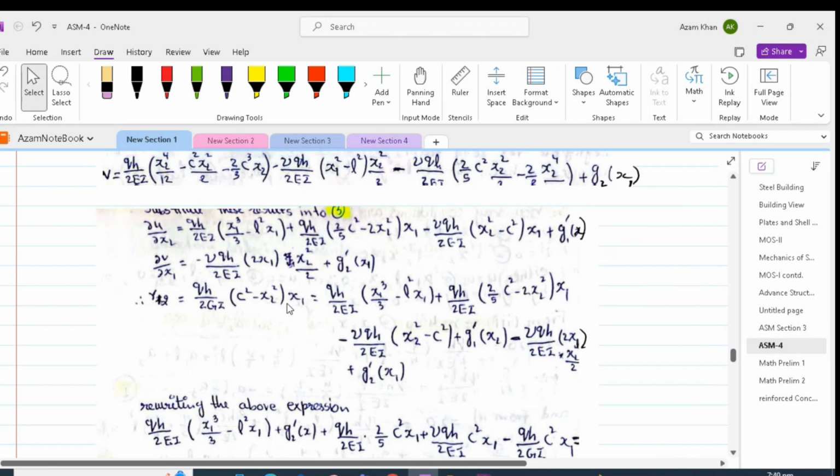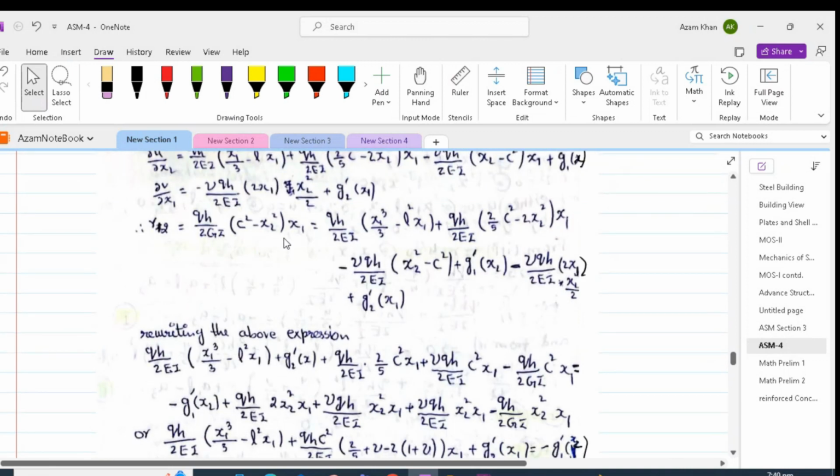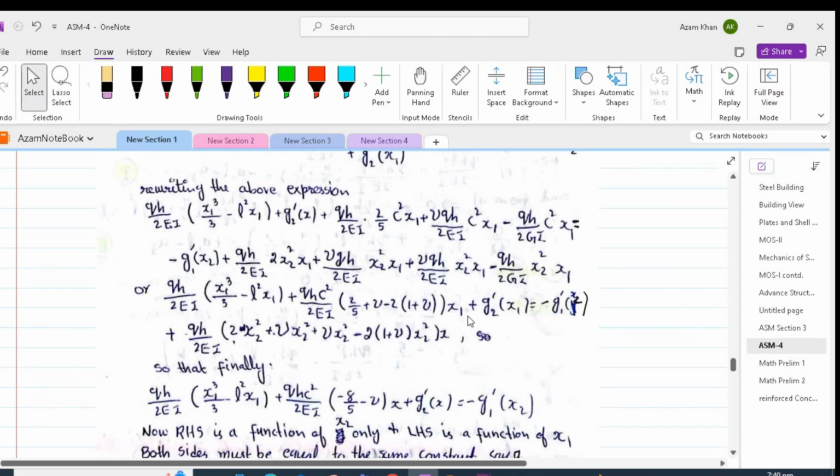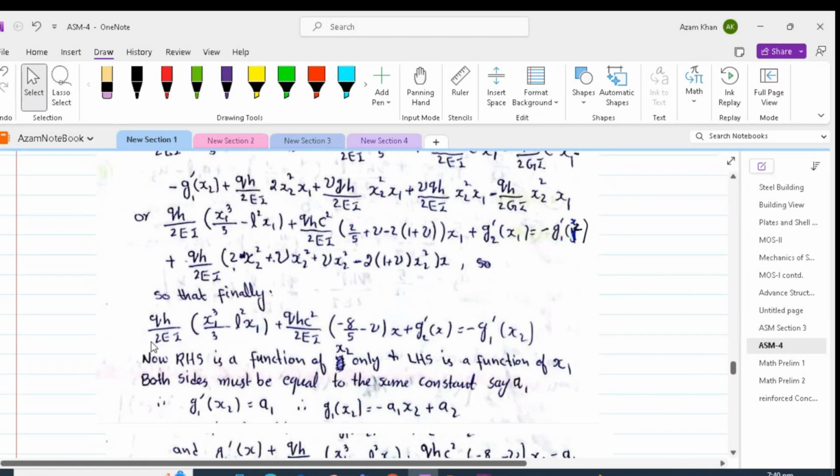We can bring all the coefficients corresponding to x1 on one side and x2 on the other side. So interchanging the terms so that terms corresponding to x1 appear on one side and the terms corresponding to x2 appear on the other, we will get an expression which looks something like this after algebraic manipulation.